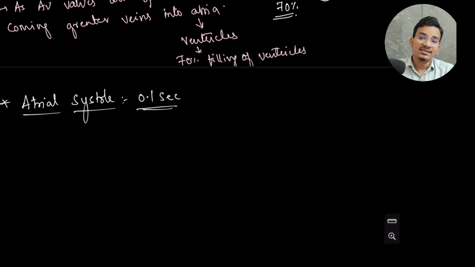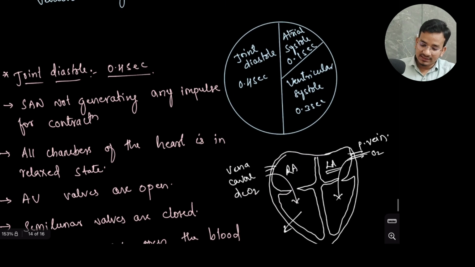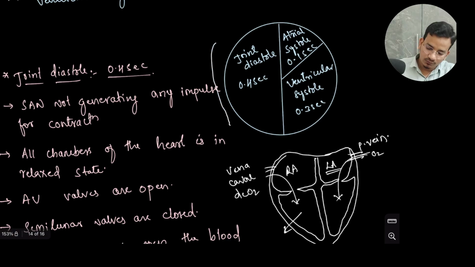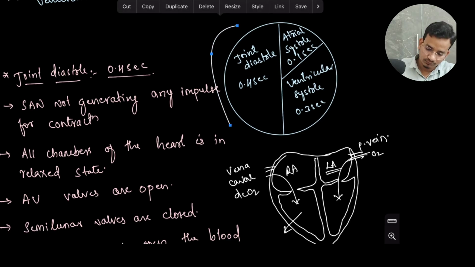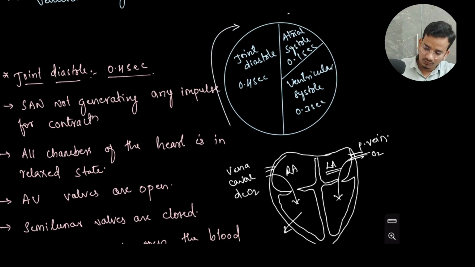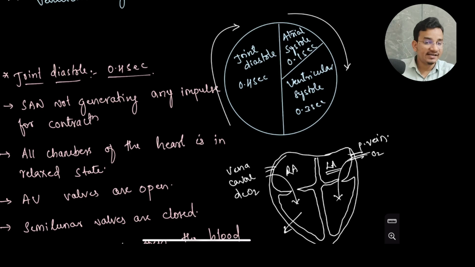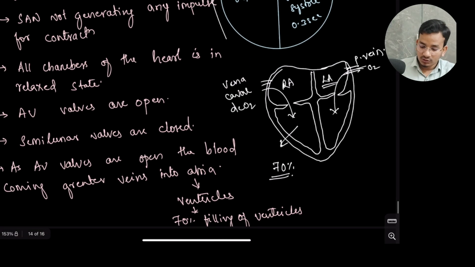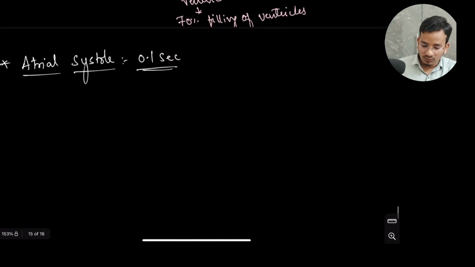So now you can see that in this direction we have to go. First we have seen the joint diastole. The next step is the atrial systole. Okay, so what is happening in atrial systole?